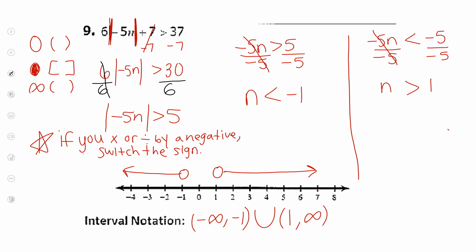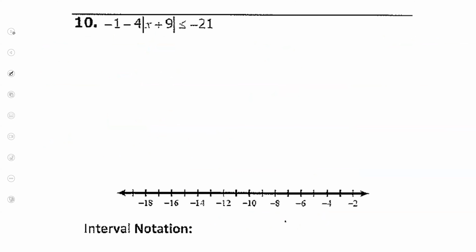All right, I have one more example for you. Number 10. Is this one isolated? Absolutely not. There's many things outside of these bars that we need to get rid of before we start. We need these bars by itself. So we need to get rid of these numbers.